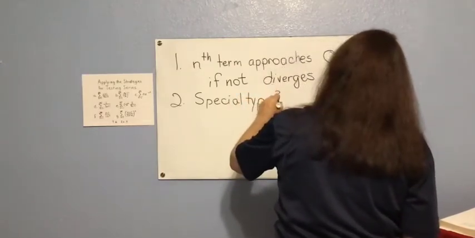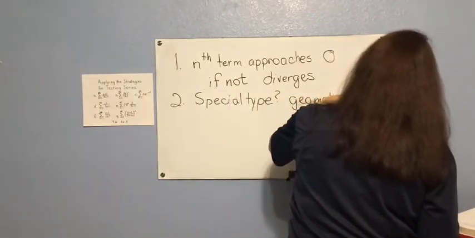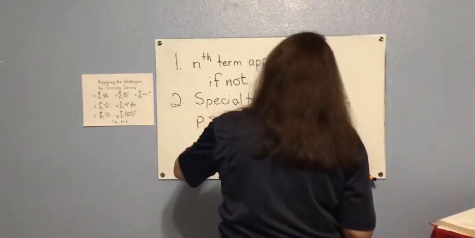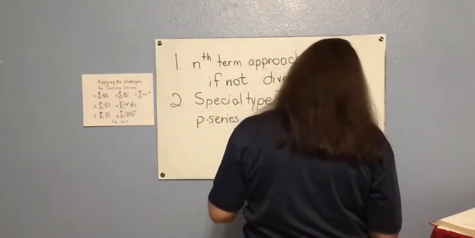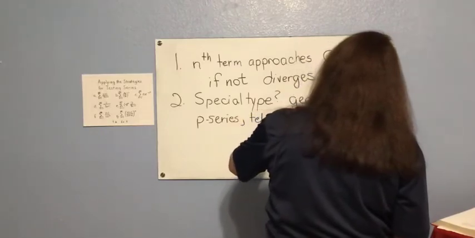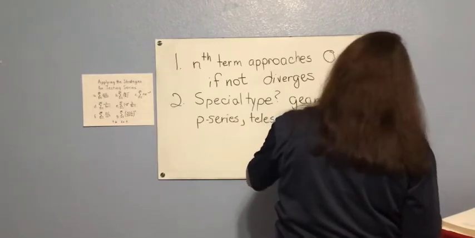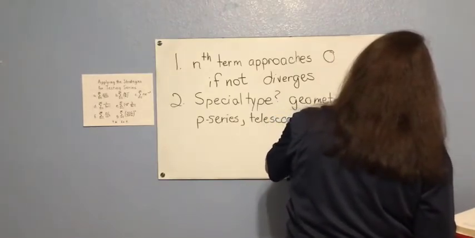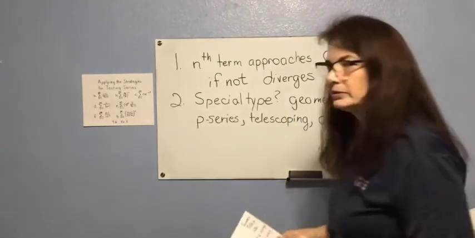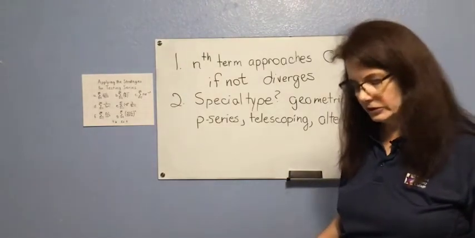Okay, we've looked at geometric, p-series, telescoping, and alternating. All of those are special types of series that have their own rules for converging and diverging.